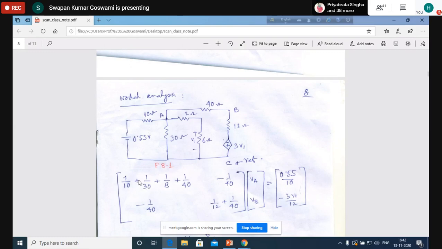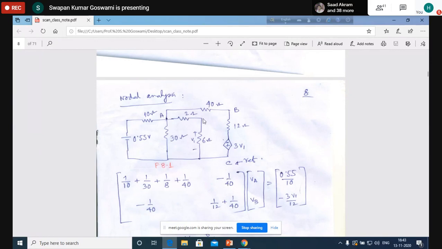The admittance matrix for node A: you see that 1/10 because of this branch, then because of this branch it will be 2 plus 6, 1/8, plus 1/40, because this node is B. We have given a different name here, B, and B is a variable. So the self admittance of this node is this thing.